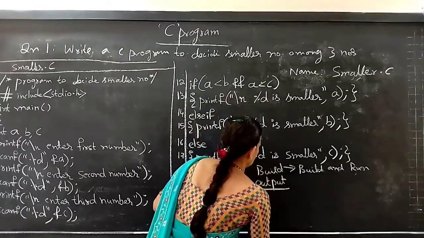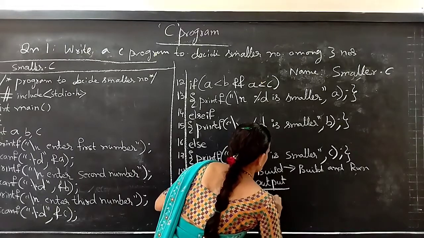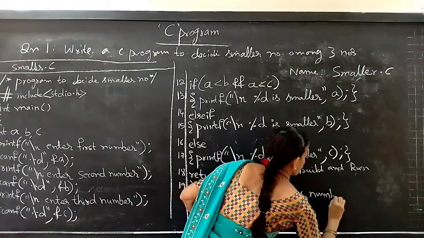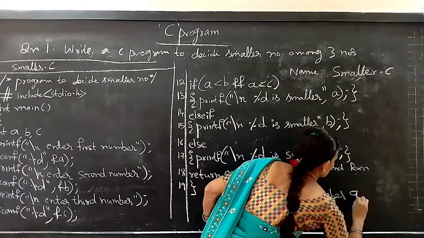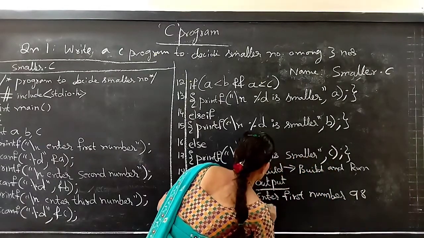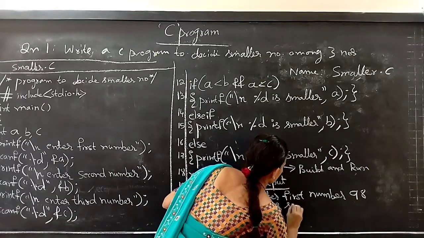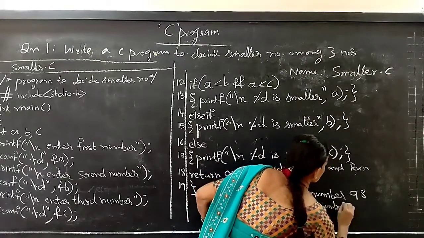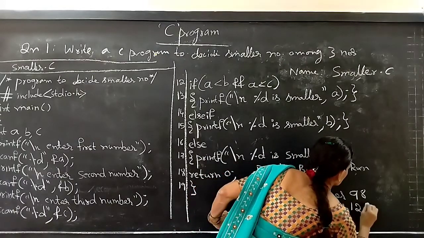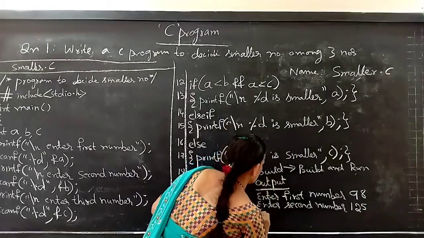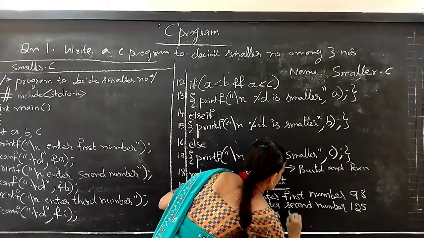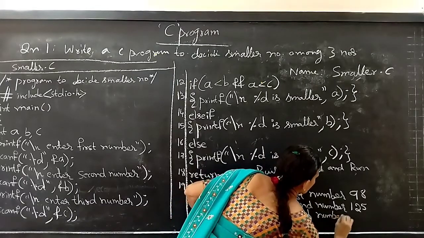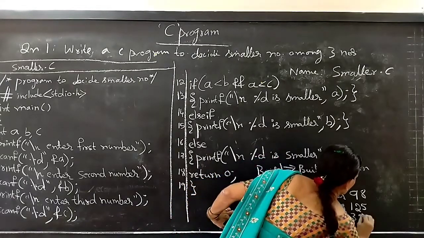We have given enter first number. Will write 98. Again it will ask enter second number, so we can give any number, and enter third number, will give as 320.